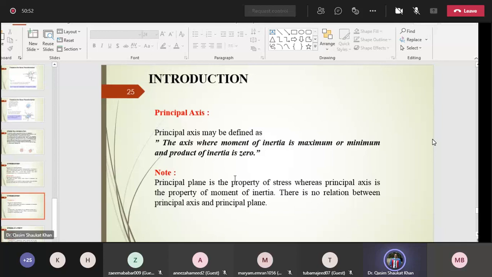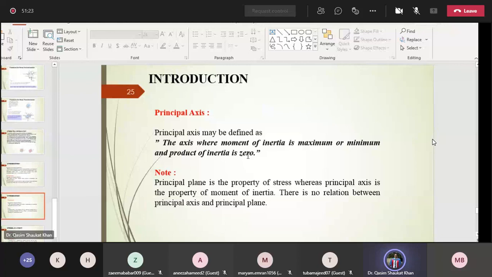On the major principal axis you will get the maximum moment of inertia, and on the minor principal axis you will get the minimum moment of inertia. However, the product moment of inertia over the principal axis will be zero. So Ixy will be zero over the principal axis.